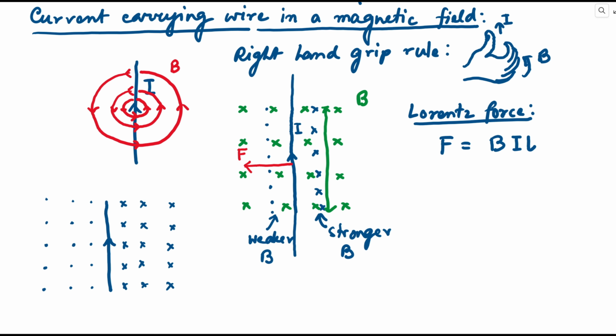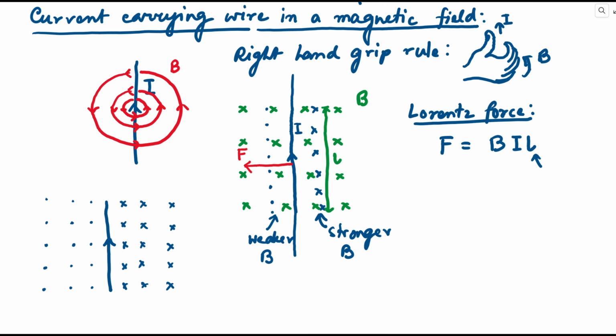So this L, which is the length of the wire within the magnetic field, is what generates or causes this force over here. So this F depends on that L, not the full length of the wire. If it's extended outside, we don't have to worry about that length.